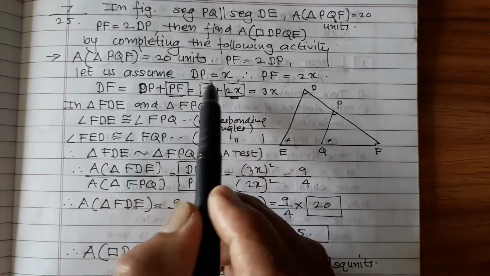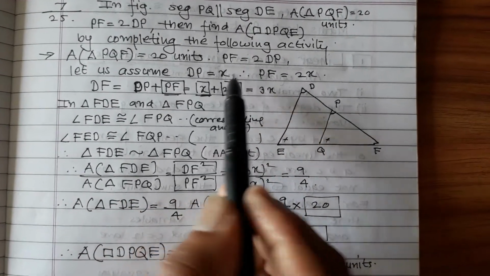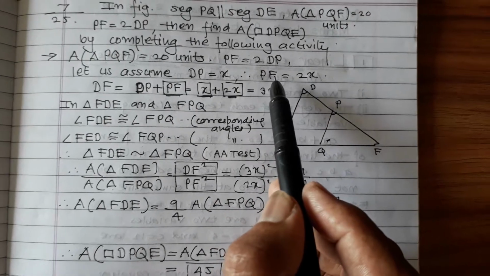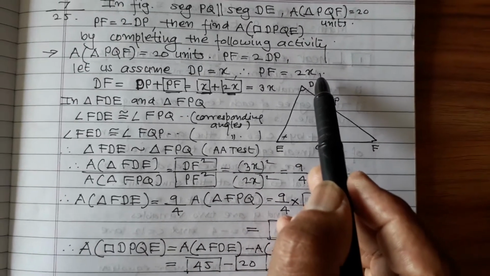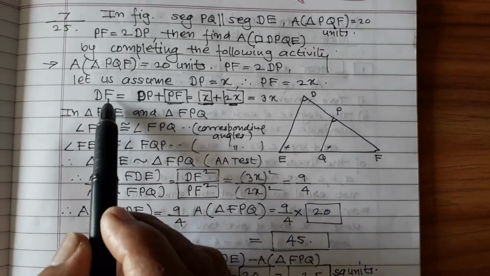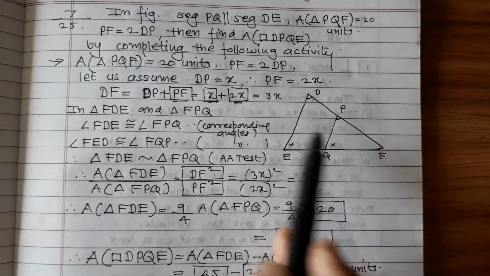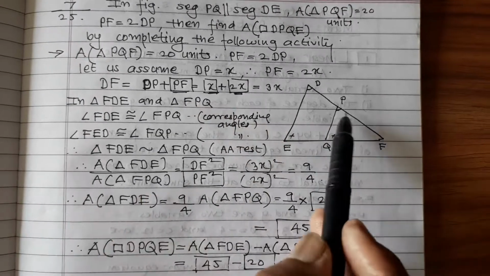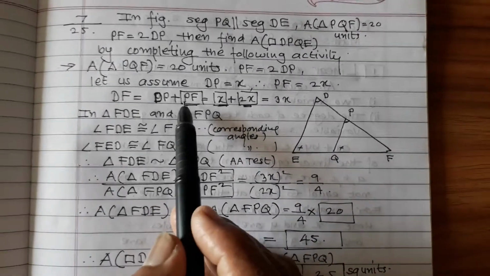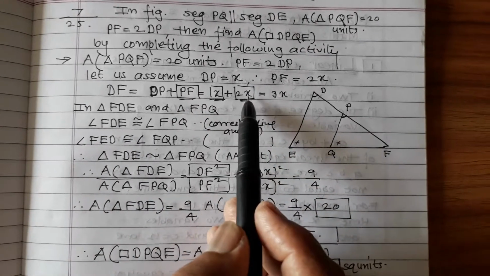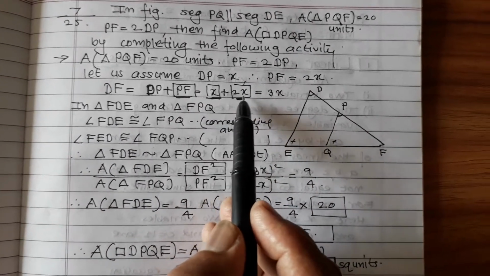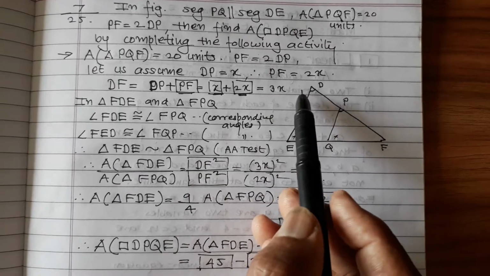Let us assume DP is equal to x, and therefore PF is equal to 2x. Then DF is equal to what? DP plus PF. You substitute PF here. DP is equal to x, and PF is equal to 2x. x plus 2x is equal to 3x.